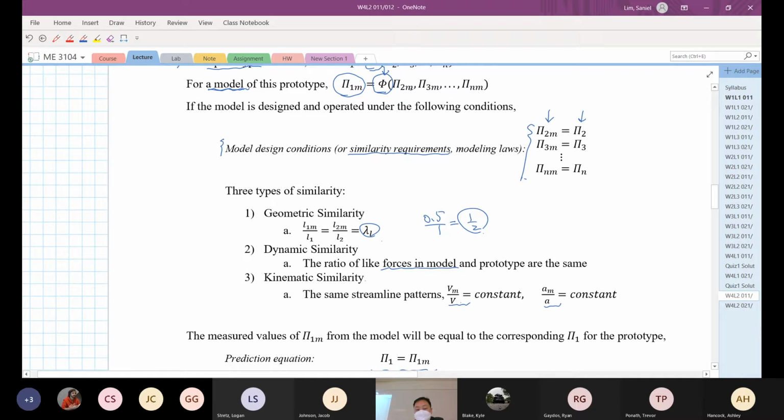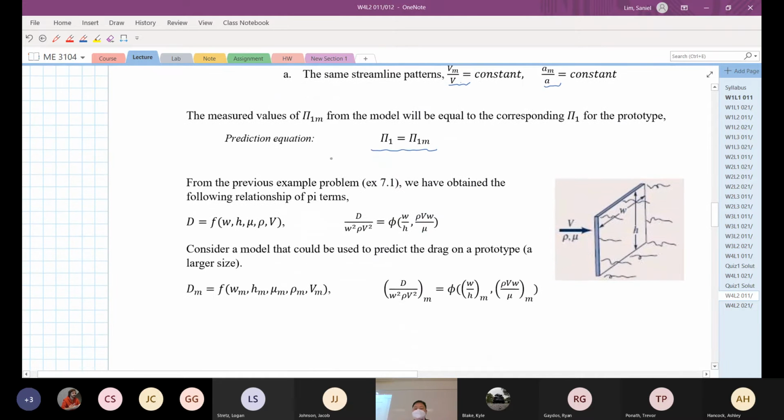Whenever you have pi terms, usually the variable of interest is placed in the first pi term. For example, pressure drop per unit length was in the first pi term. Then the rest of them were like a Reynolds number, surface roughness, or something else, which we're going to talk about later. But if there are three pi terms, the first one includes the dependent variable.